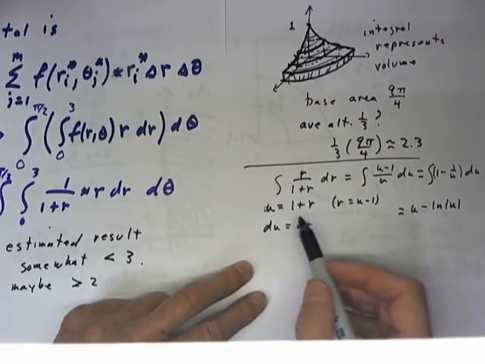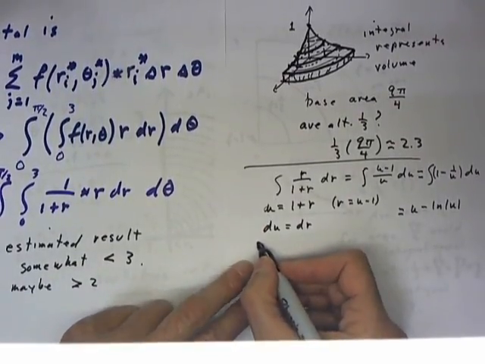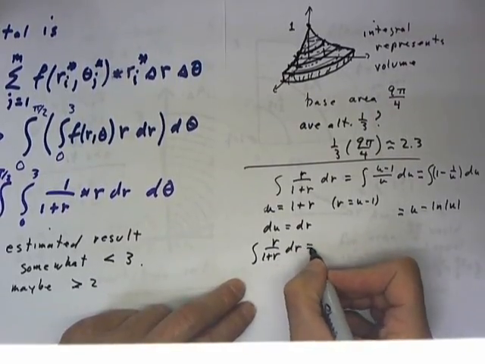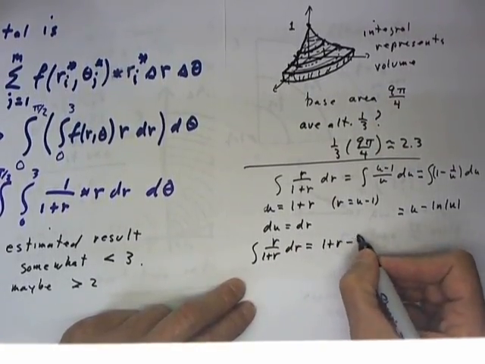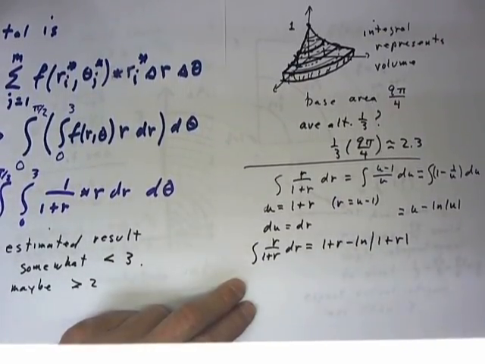Now, substituting back 1 plus r, we see that our integral of r over 1 plus r dr is 1 plus r minus the natural log of the absolute value of 1 plus r.